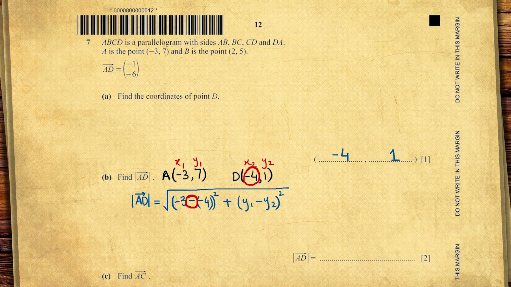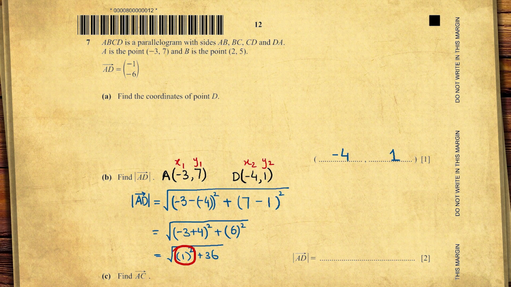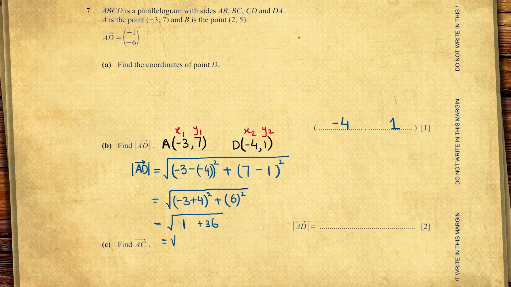One minus sign is included in the formula, and the other minus sign is with the coordinate. y1 is 7 and y2 is 1. Now this gives us the square root of (-3 plus 4) whole squared plus 6 squared, and that gives us the square root of 1 squared plus 36. 1 squared is 1, and that means we get the square root of 37. If we evaluate it, it is equal to 6.083.